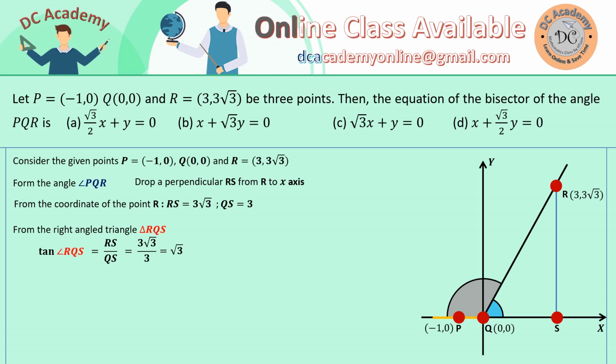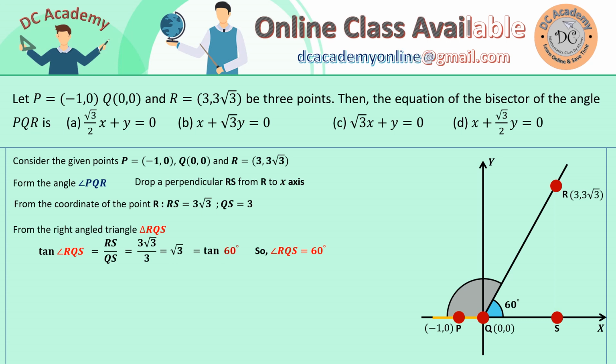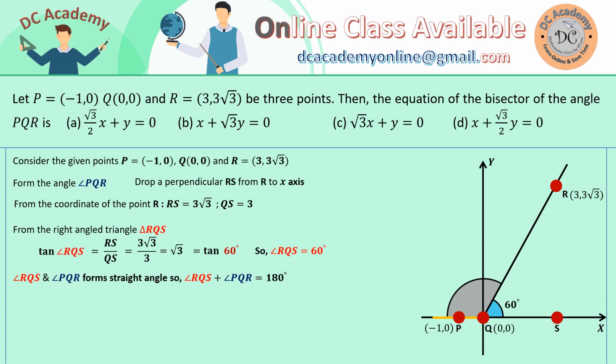We know that tan 60 degree is root 3. So therefore RQS is 60 degree. So we are able to obtain the angle RQS. Also notice that the angle RQS and the angle PQR form a straight angle, or they are a linear pair, so the sum of those angles will be 180 degree.